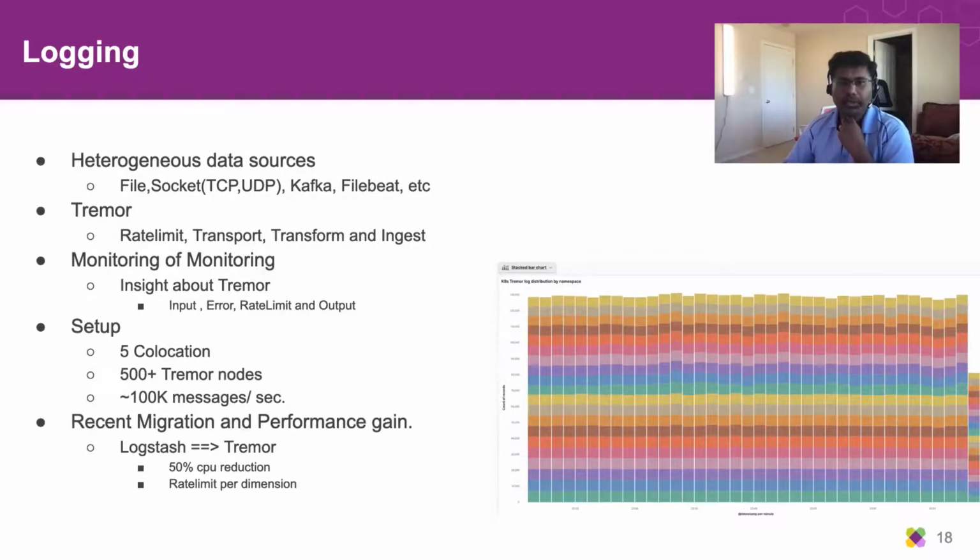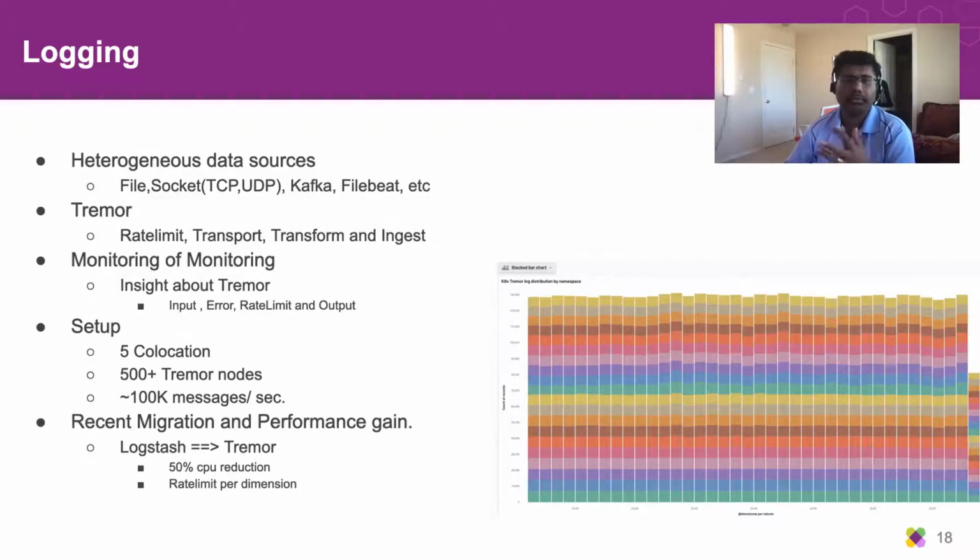I would like to share some of the key values that we gained in our very recent migrations. Most of the time, as we migrate to Tremor, the performance benefit is very significant. We were visibly able to see that. A few years back, most of our transformations were handled by Logstash.